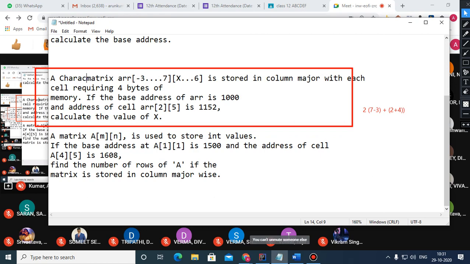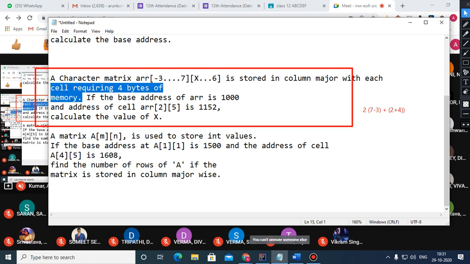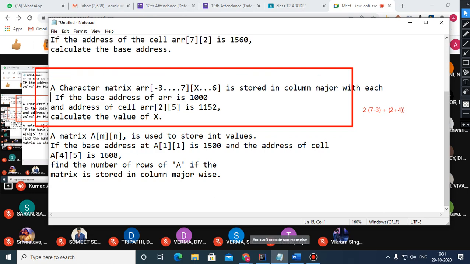Children, I am changing this question a little bit. A character matrix, and the size is not given here. Now solve it.